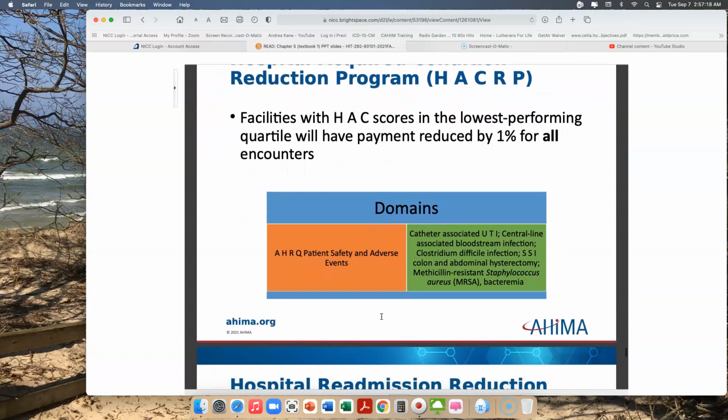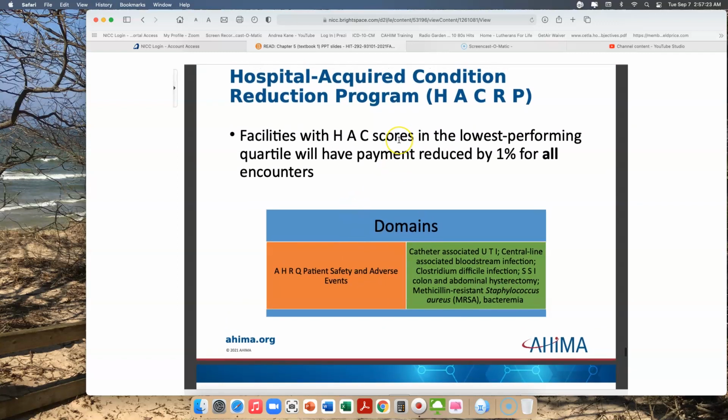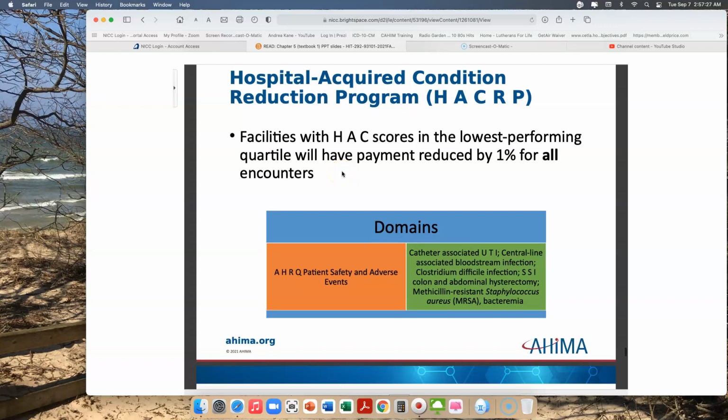And the facilities who have HAC scores in the lowest performing quartile will have payments reduced by 1% for all encounters.